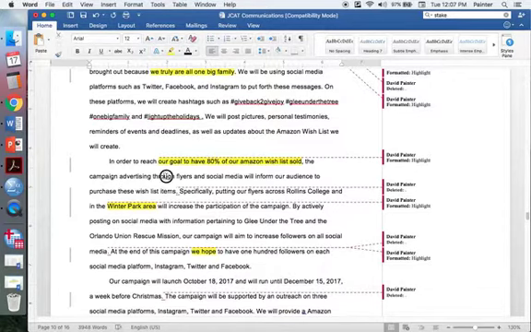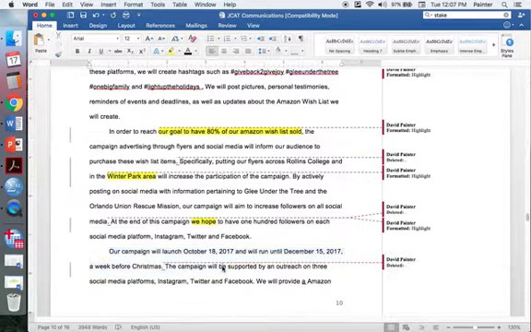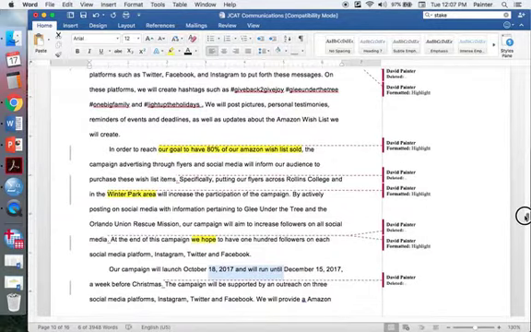Campaign advertising through flyers. What are these flyers going to look like? What's the images? What's the text? Now we're getting into the timeline. So now you have the timeline for some reason under strategies and tactics.